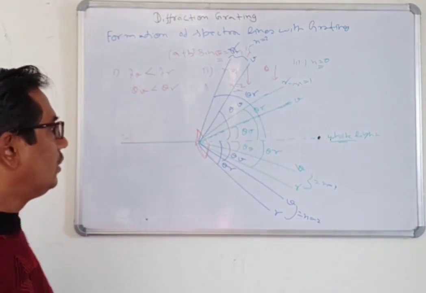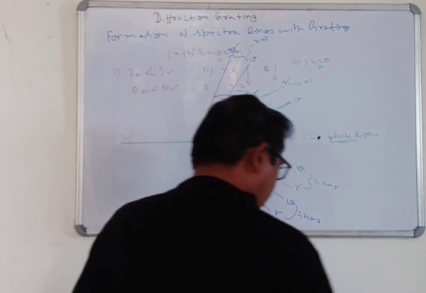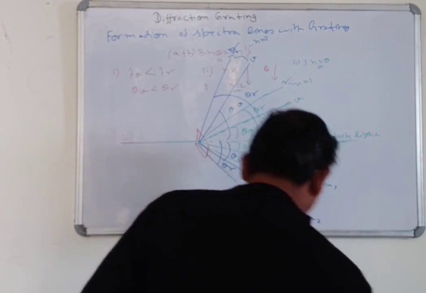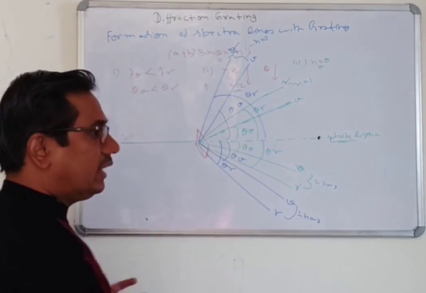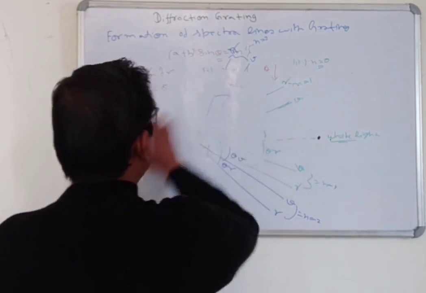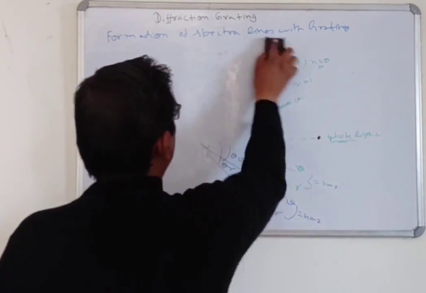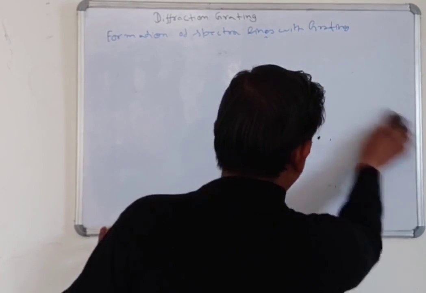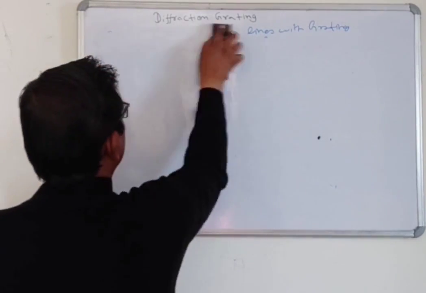Okay. Now the question is, what is the maximum order present in a grating? How can you check the maximum order present in a grating?